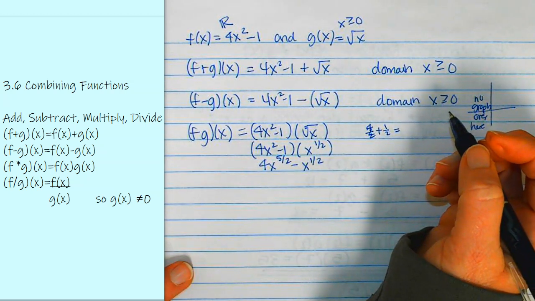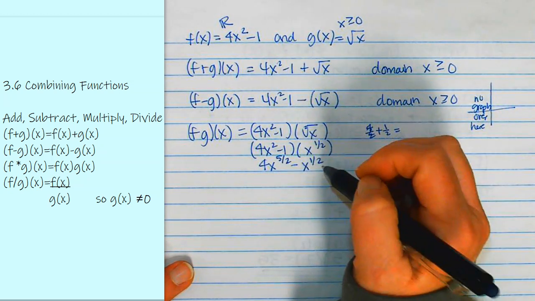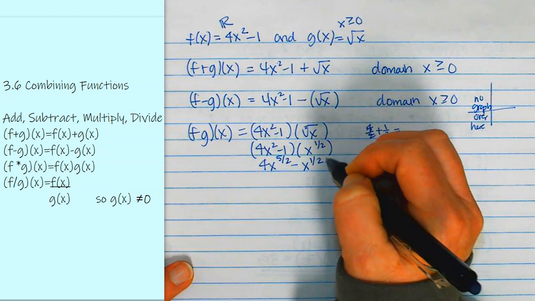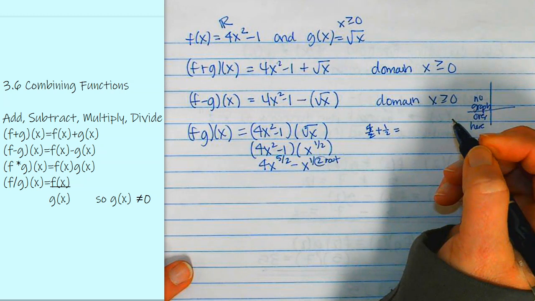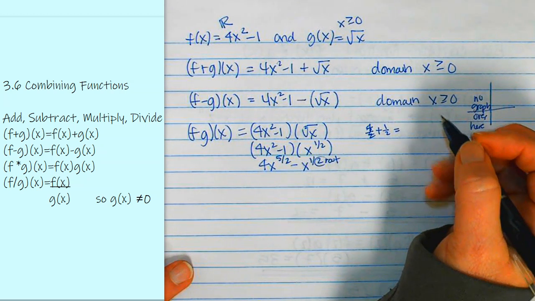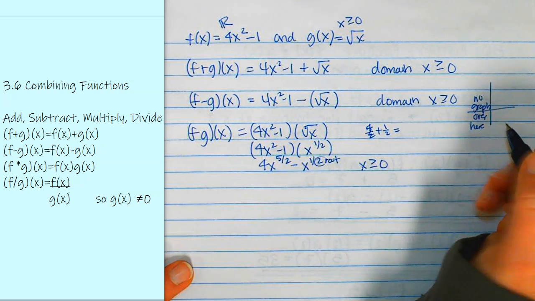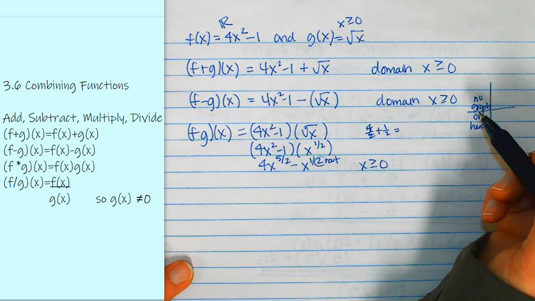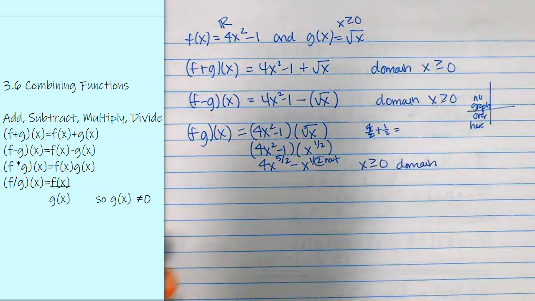You're welcome to write the 1 or not. It's up to you. Now this domain is also limited because both of these are square roots. They have a 2 in the denominator. Remember, the bottom is the root. So even roots must be greater than or equal to 0. If this had been in the denominator, it would just be greater than 0. But this is the domain for multiplication.